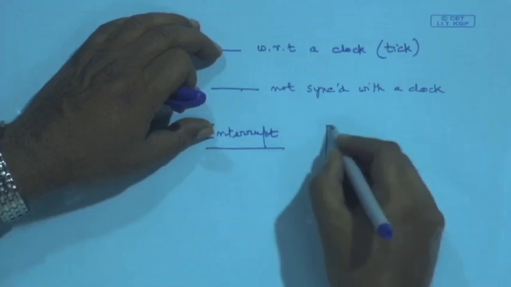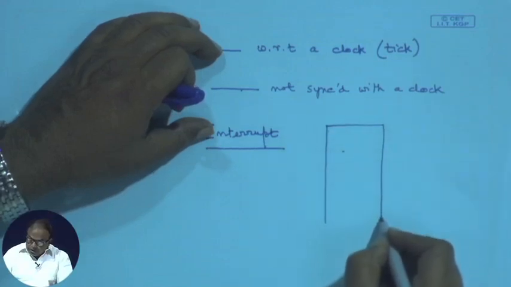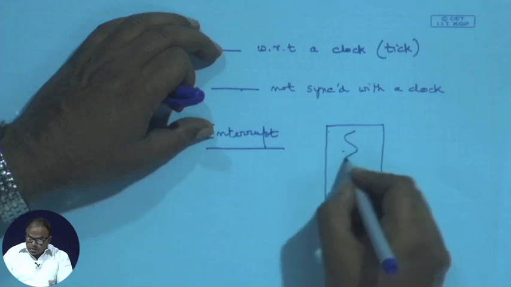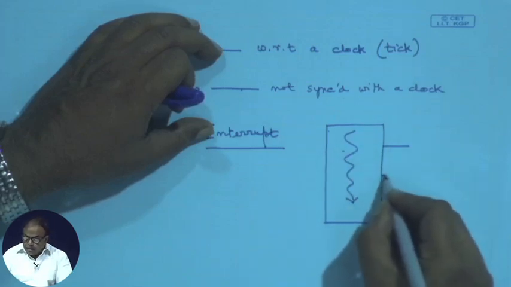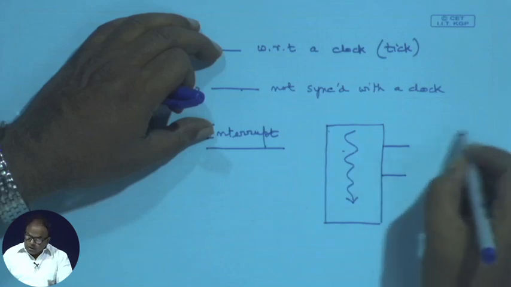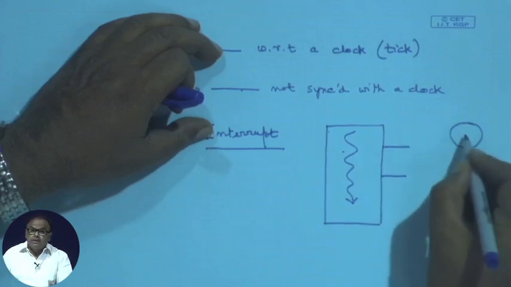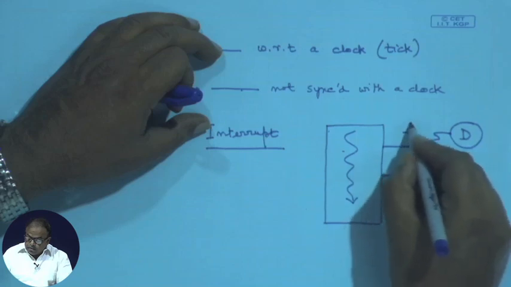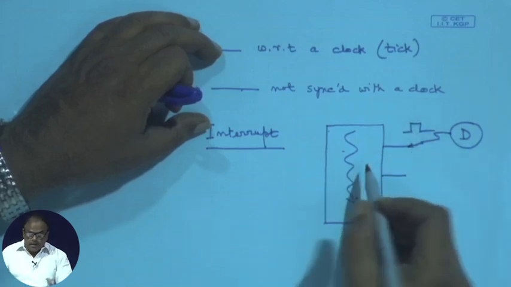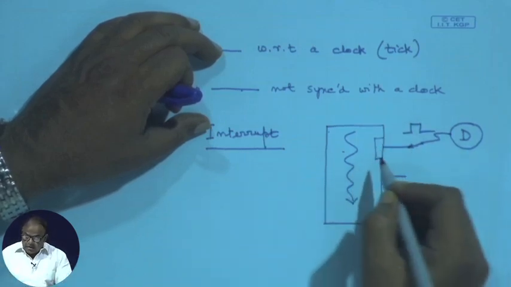In the case of hardware devices, we have the processor, and the processor is executing the process. Usually, there are pins through which some external device sends the interrupt signal, and that signal is received by the processor.